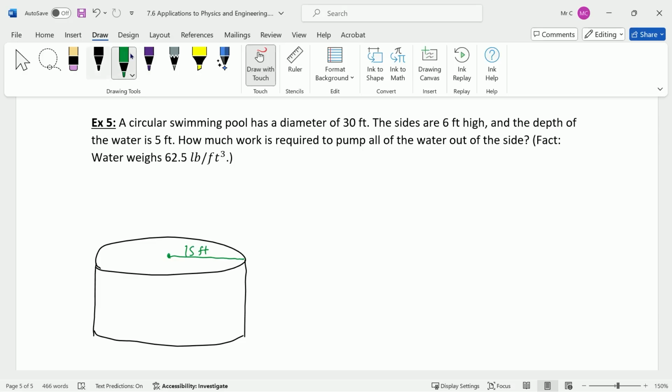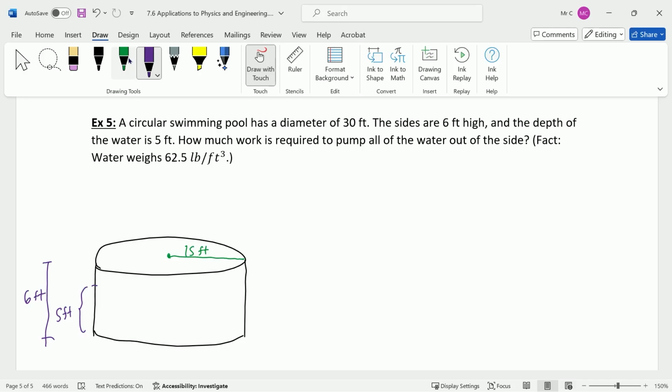And we know the water is 5 feet deep, but the whole height of the pool is 6 feet. And the idea is that you have maybe like a hose down at the bottom of the pool and you're using a pump to pull that water out and dump it over the side. So the question is how much work has to be done to get that water out.